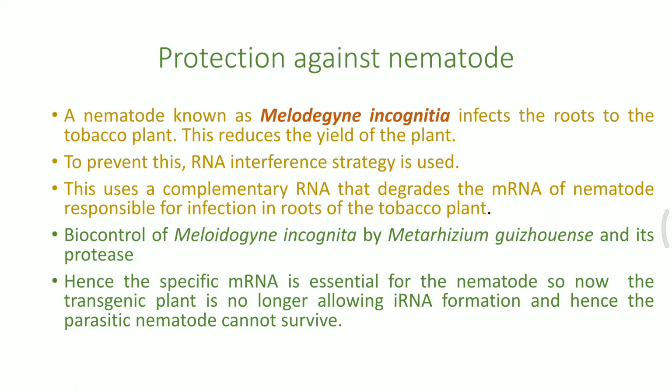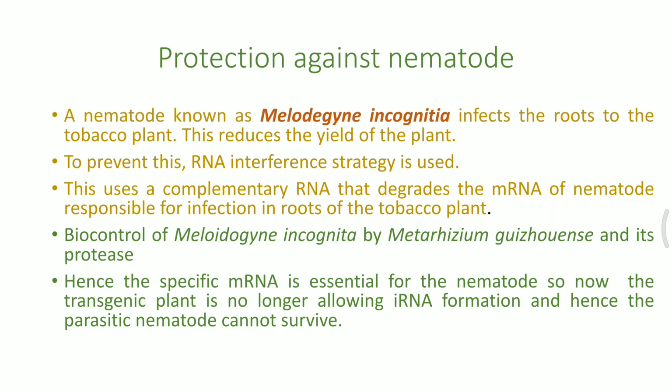Now, how do the scientists make a genetically modified crop in order to fight against this infection? They use complementary RNA that degrades the mRNA of the nematode responsible for infection in the roots of the tobacco plant. So a gene knockdown effect will be experienced.